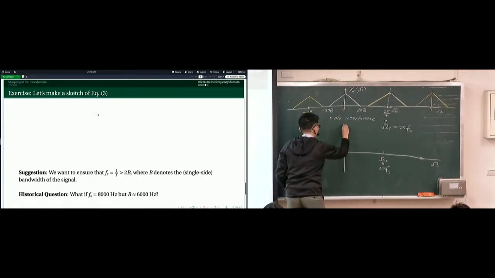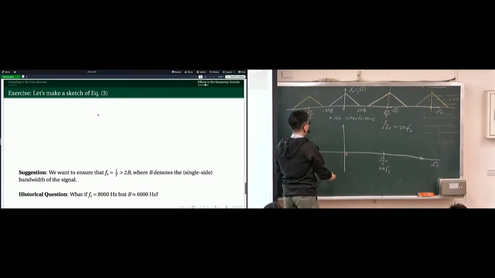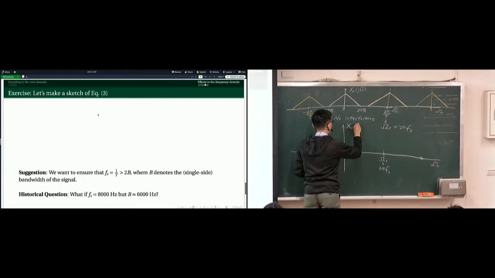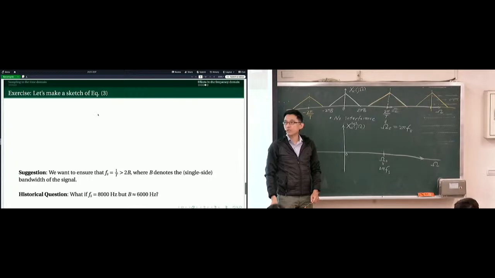So that's the frequency axis. So still, let's now assume that we have another signal, x_c, and its spectrum is slightly wider. Let's call it wide, W. A wide spectrum, a signal with a wider bandwidth.